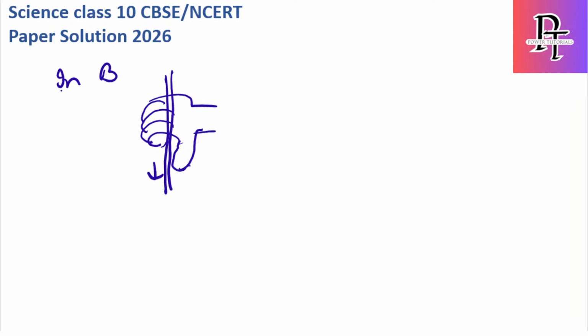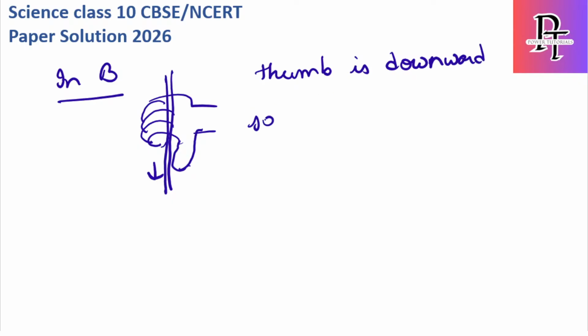Now we see the thumb is downward, so the fingers are curled to the left side.